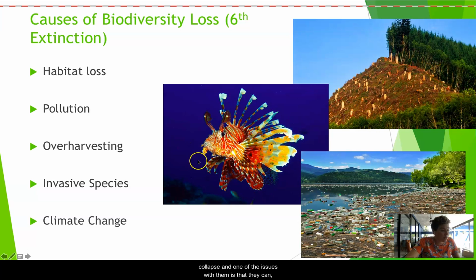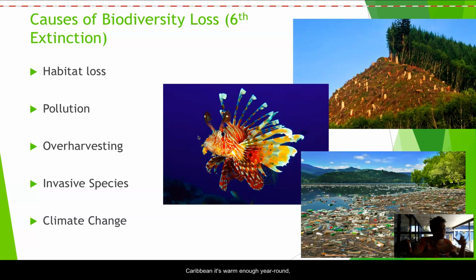One of the issues with them, or two main issues, is that they can exist at almost any depth. So you'll see them at 5 feet and you'll see them at 300 feet. And in the Pacific, their breeding cycle was very short because of the time that it was warm enough. But in the Caribbean, it's warm enough year round, so they're breeding year round.